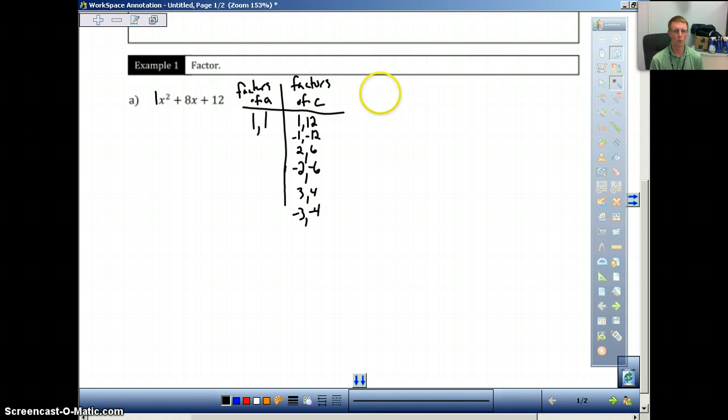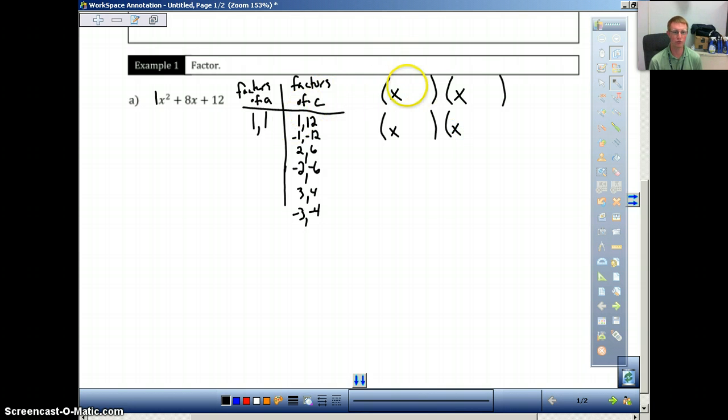Now, normally what you would do is you would go through, and I'm going to write all these out. You don't need to write all of these out unless you feel like it's going to help you. But technically, here's what we have. When I write this out, I'm going to have 2 parentheses. Here are my possibilities. Because my factors are just 1 and 1, all of these are just going to be x and x.